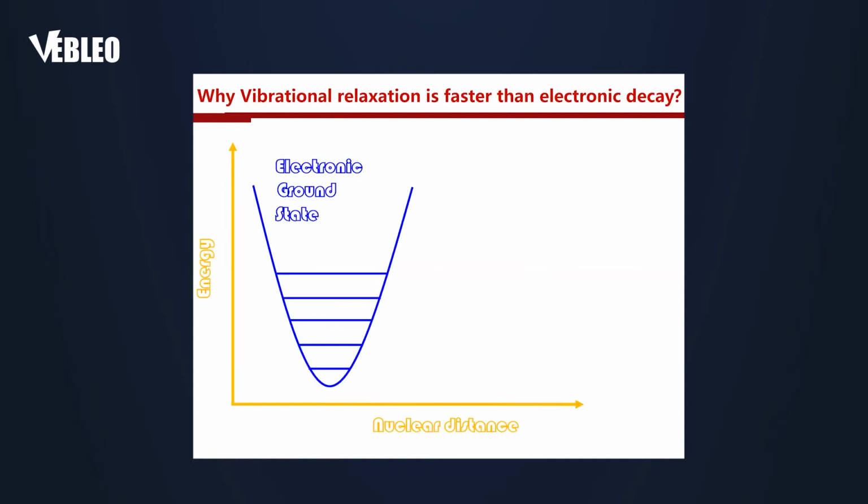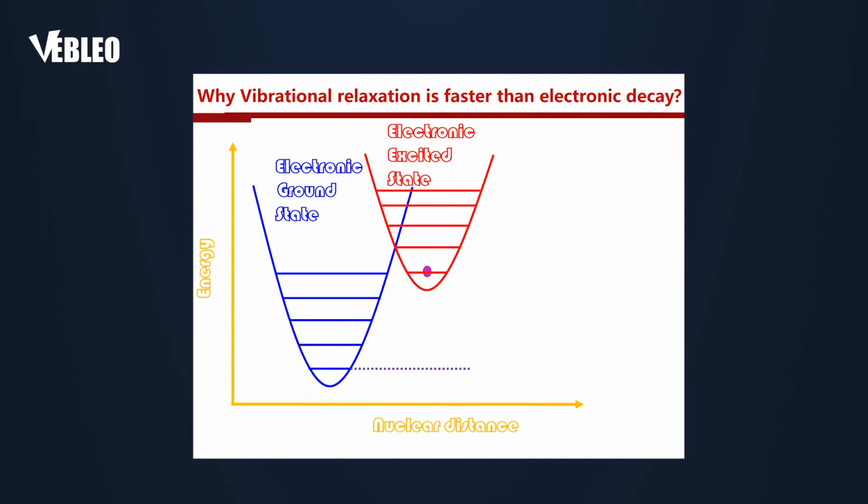Let's look at another animation. For example, this is the electronic ground state, and the red one is the electronic excited state. If the molecule is at the vibrational ground state of the electronic excited state, when it releases energy, the molecule has to go directly from this excited state back to the ground state. So it has to release all the energy within one step, releasing a photon of large energy.